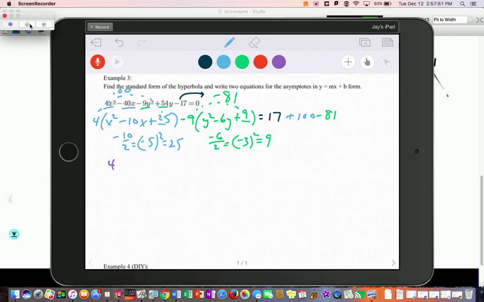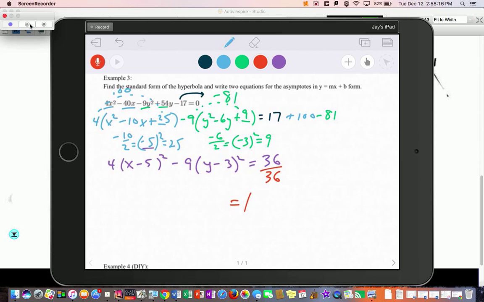So now I have 4x minus 5, quantity squared, just use that number right there, minus y minus 3, quantity squared, and this ends up being 36 over here. So just like the ellipse, we want the hyperbola to be equal to 1. So I need to divide by 1.